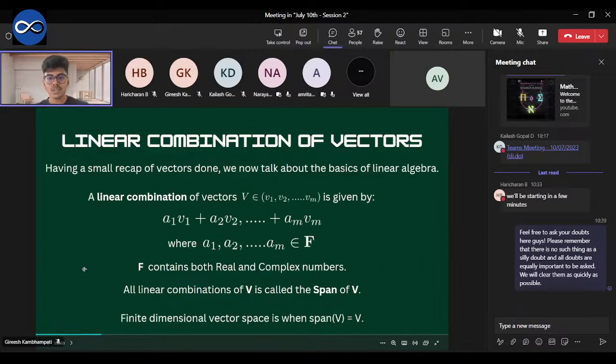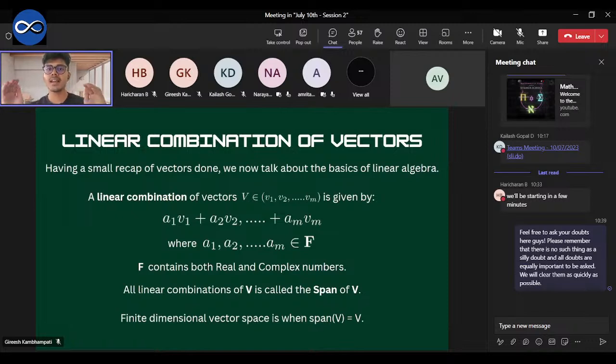Okay. So now that we've talked of vectors, we can come to the linear algebra part. So we talk about linear combination of vectors. So what really is linear combination of vectors? Well, to be very vague, let's say v1, v2, v3, and so on till vm.